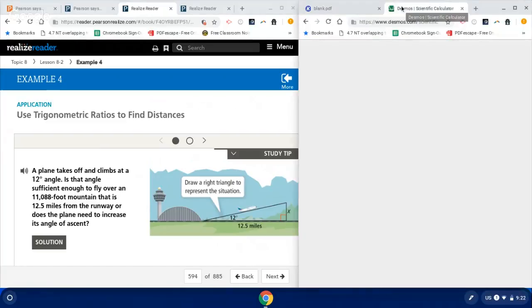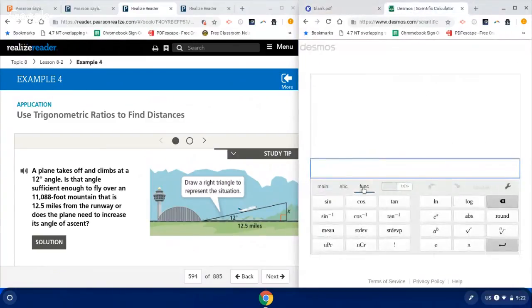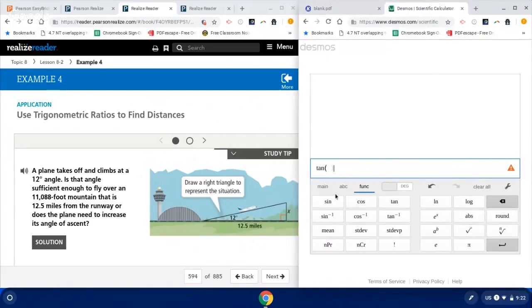I'm going to use the Desmos calculator. I just typed in desmos.com and used the scientific calculator. I don't think the 4 functions will let you do the tan functions. So I click here on functions, I go to tan, and it was tangent of 12. Go tangent of 12 and hit enter.